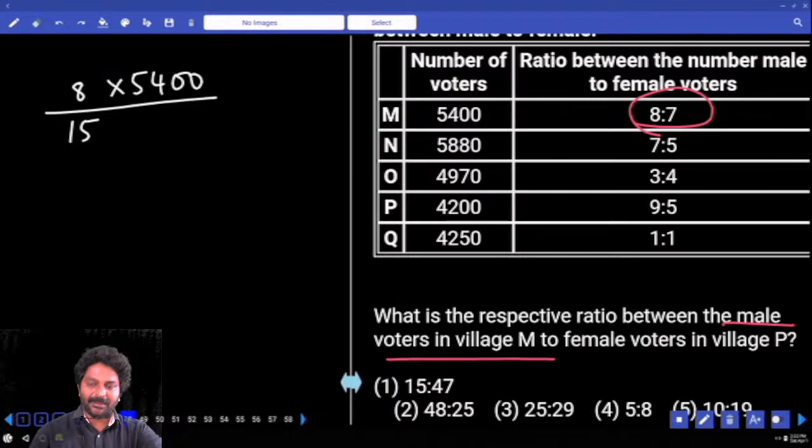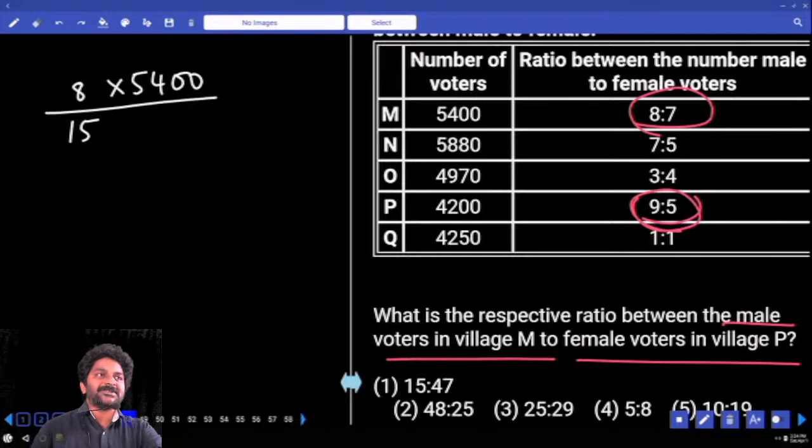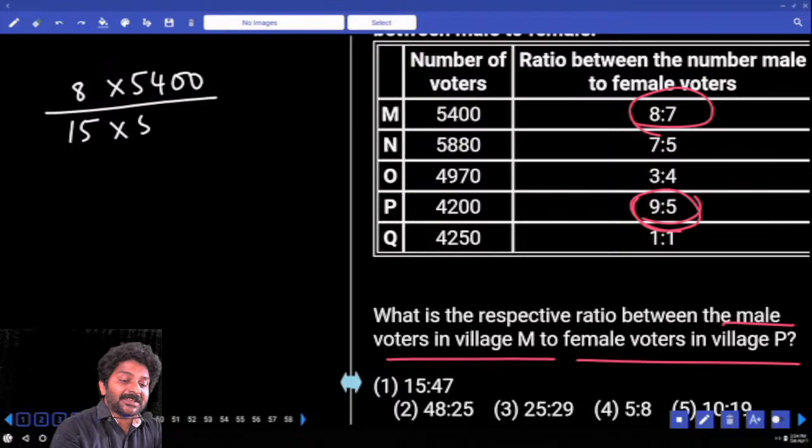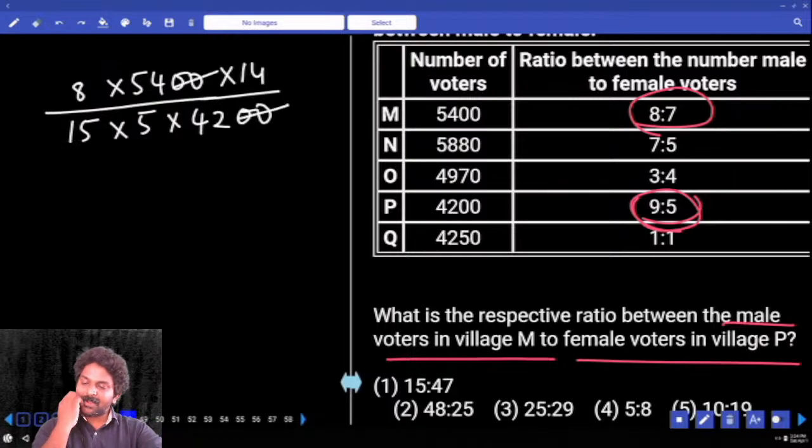These are male from M. And then female from P. In female, in P, total how many parts we have? How many are female? So now I'll write as 5 by 14. Denominator and denominator comes to numerator. Among 4,000, 2 zeros cancel.